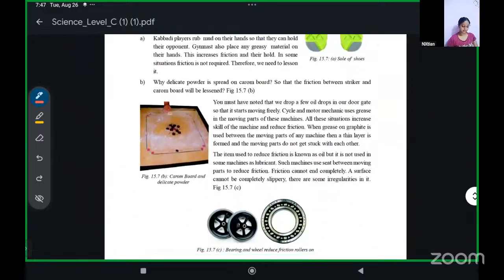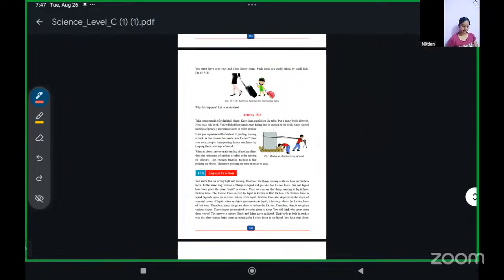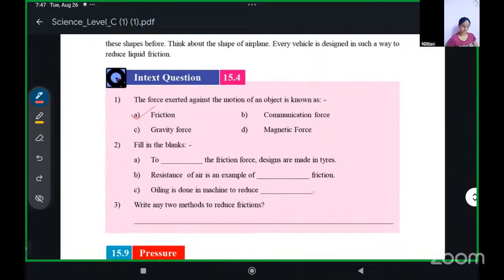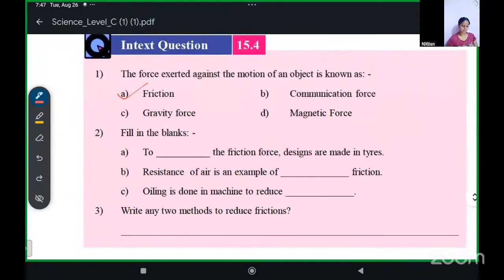Ma'am, I can't see the question. Can you see now? To increase friction force, designs are made in tires.